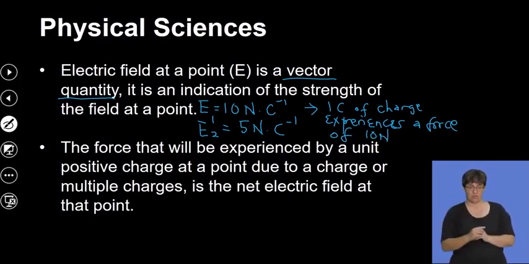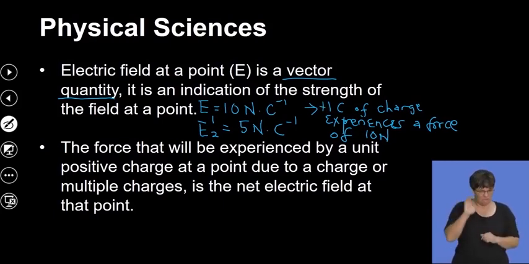So the unit positive charge, which is this plus 1 coulomb, experiences a force of that magnitude at that point. It's very important to bring an understanding into these figures, or talk the science behind the numbers. Equivalently, 5 newtons per coulomb at E2 would suggest that the force experienced by the unit positive charge is 5 newtons, which is half that at point number 1 in the same field.